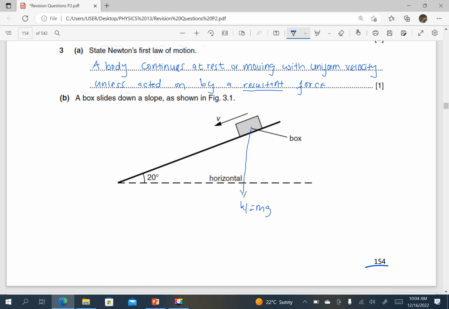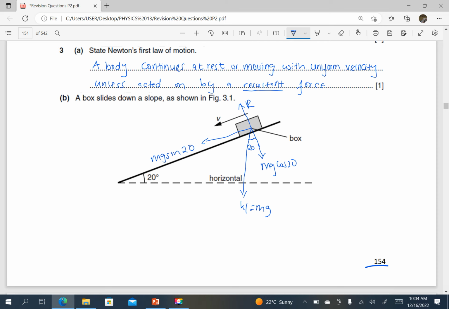Secondly, you expect that the weight, because this angle is theta, can be resolved perpendicular to the plane, and perpendicular to the plane, that is mg cos 20, because this angle is going to be 20, and down the plane it is going to be mg sine 20. Of course, there is a normal reaction force R upwards.